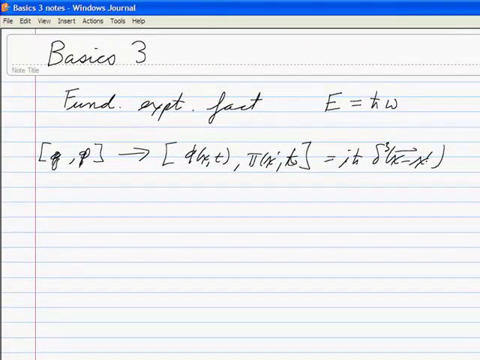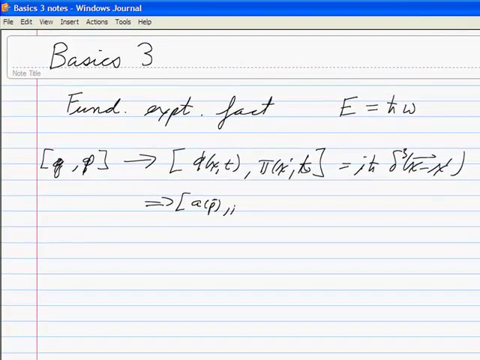So we turn that into the commutation rule for the fields, and we turn that then into the commutation rule for creation and annihilation operators. And that's 2 pi, I think I have h bars in there in my convention, cubed delta 3 of p minus p prime.